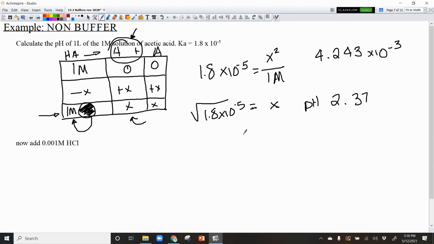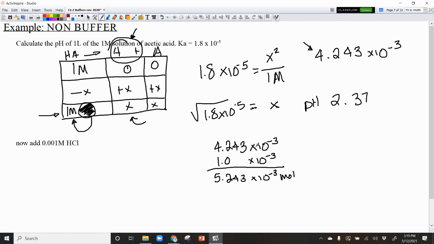All right, so here we have our concentration of 4.243 times 10 to the negative third moles. And we're adding 1.0 times 10 to the negative 3 more. So let's add those together. We're going to get 5.243 times 10 to the negative third moles, and that's in 1 liter, so molarity.